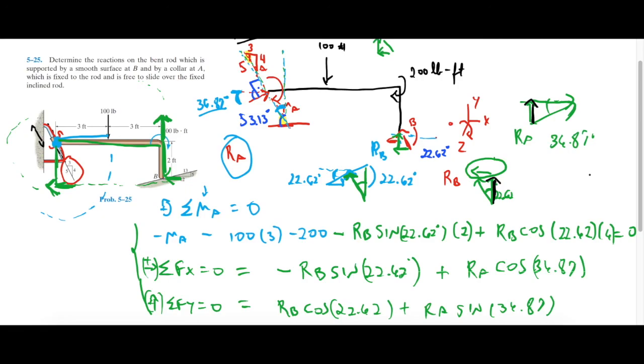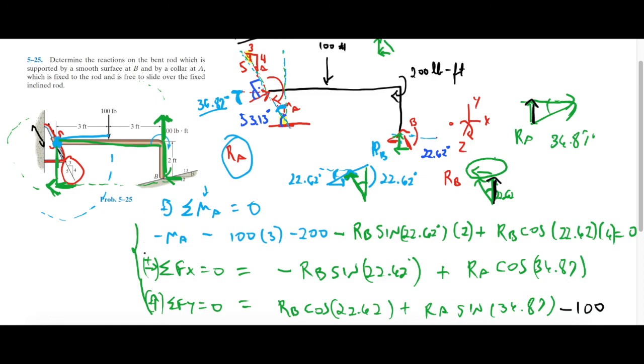So after plugging it all in the calculator on a 3x3 matrix, I was able to get the answers. It turns out that the moment support at A is equal to negative 106.35 foot-pounds, which means that we guessed the wrong direction.